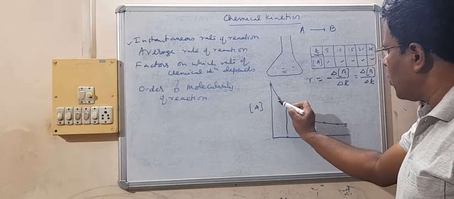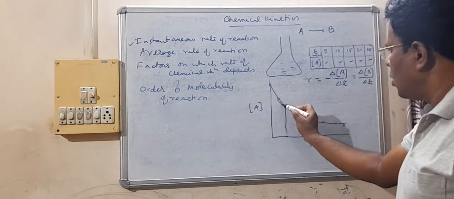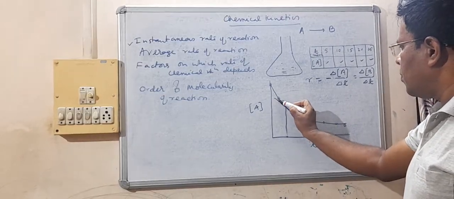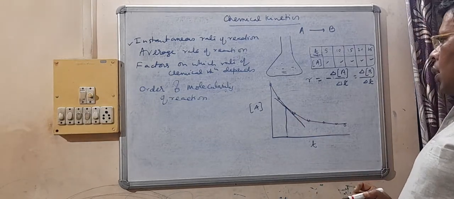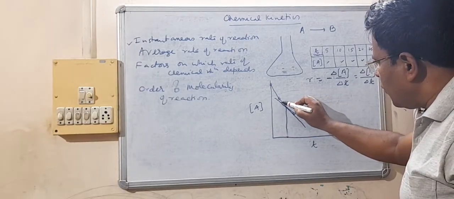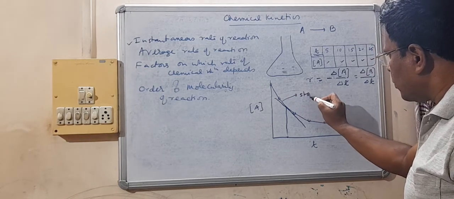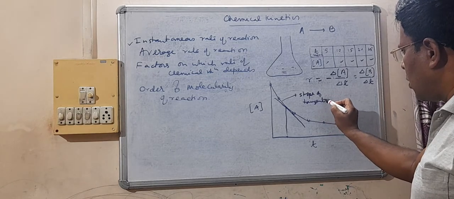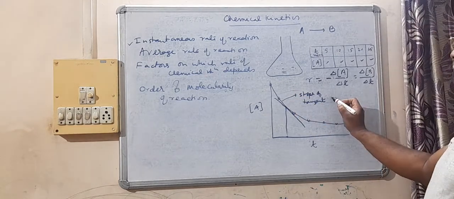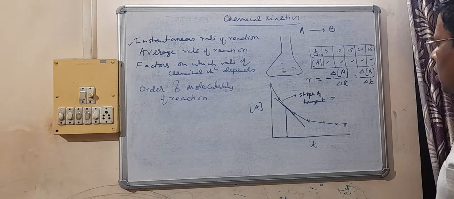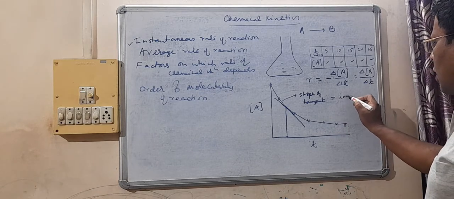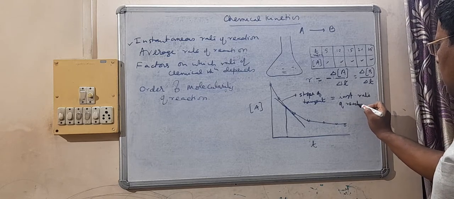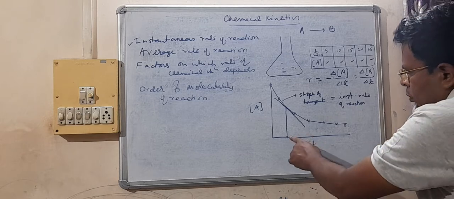At this point, we will draw a tangent to the curve, and the slope of this tangent will be the instantaneous rate of reaction at this point of time.